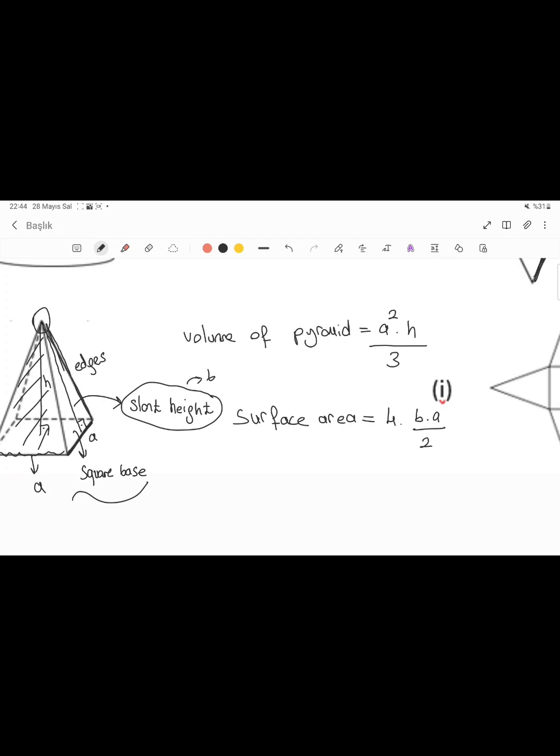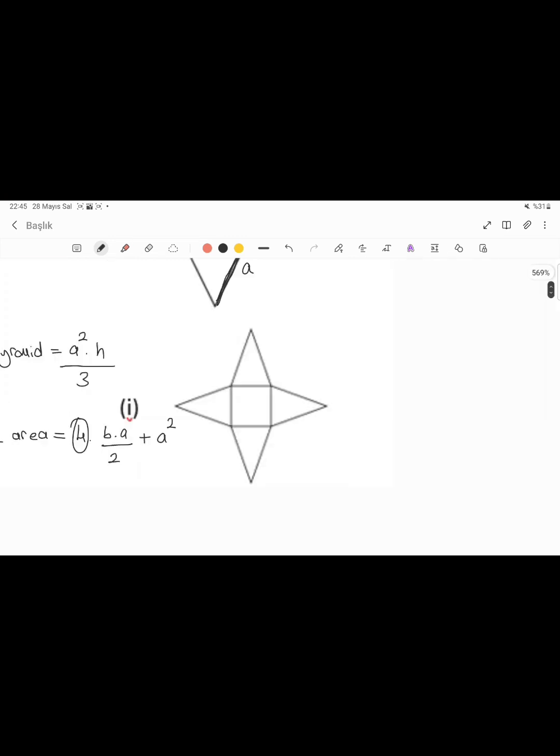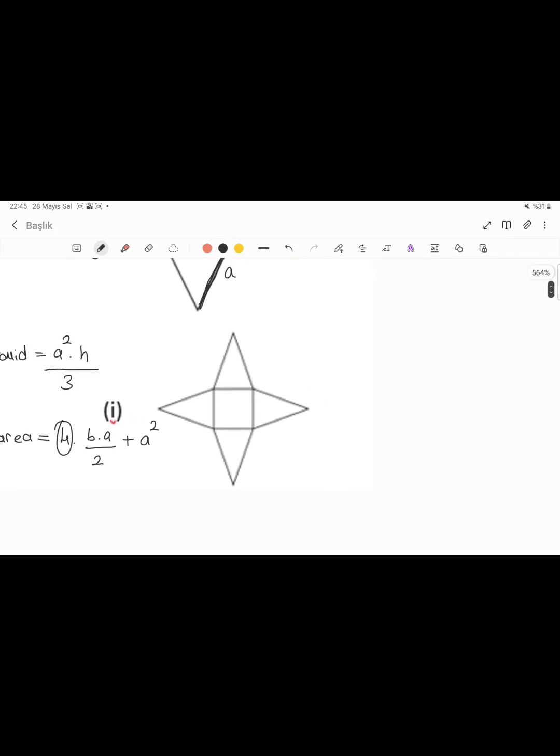I said 4 times because the shape has 4 lateral faces like triangles, plus base area, a square. Let's look at the expansion of the square pyramid.